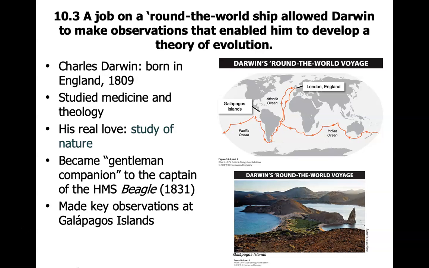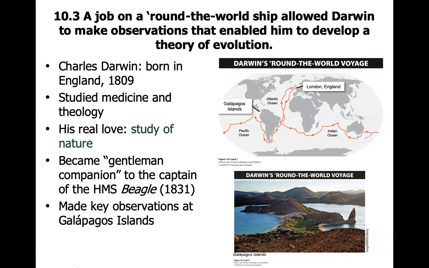And so Darwin was employed on this ship to basically be the captain's buddy on this trip. While the ship was mapping the coastline of South America, Darwin went along and walked along the shore and explored some of the areas in South America and collected specimens from all over.